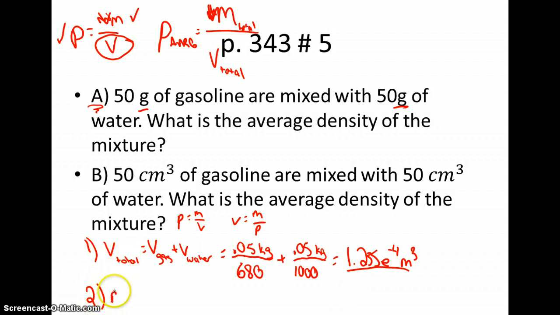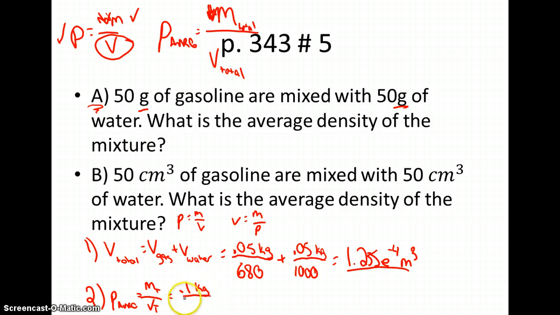And so I can take this number now and go and start solving part 2 of this, which is that rho average, the average density, is going to be equal to the total mass divided by the total volume. And so my total mass, when I convert that, is 0.1 kilogram.